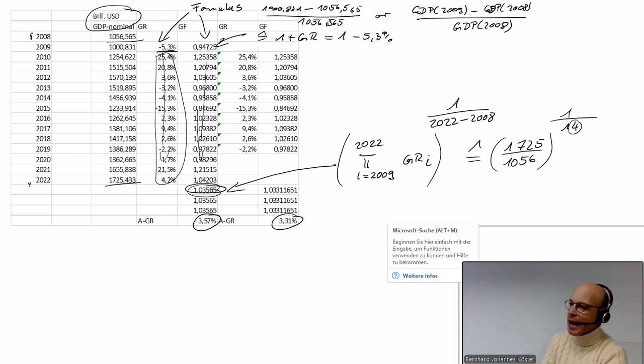So what I would expect, taking out these global downturns, is that the growth rate of this period would be a little bit larger than the whole period, including the two crises.